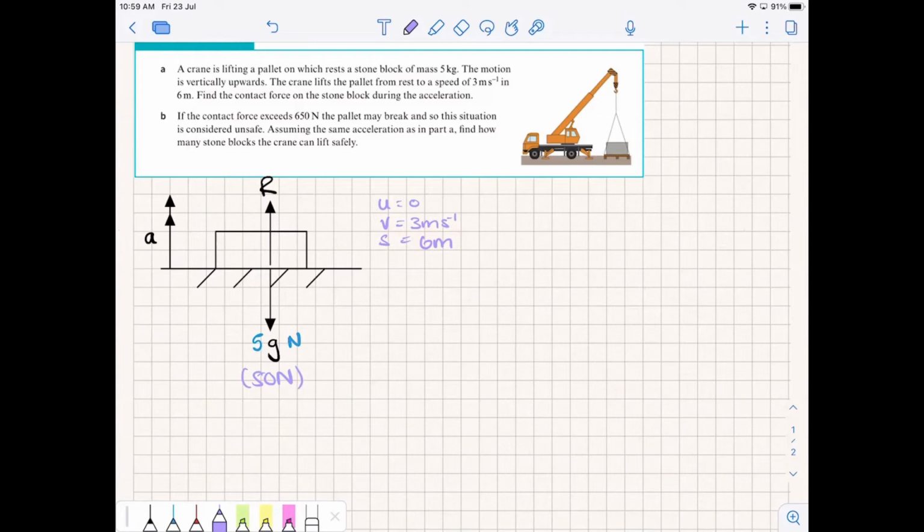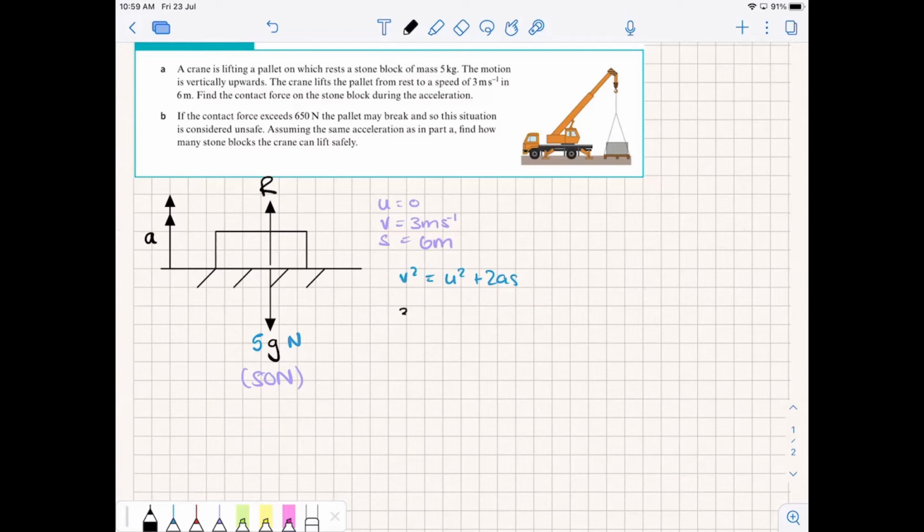Right, and I want to find the acceleration in one go. So the equation that I'll use to do that is this guy here. Now, I'm sure you've noticed that this equation gets used quite a lot, right? From here, it's just a matter of substituting in the information that we have.